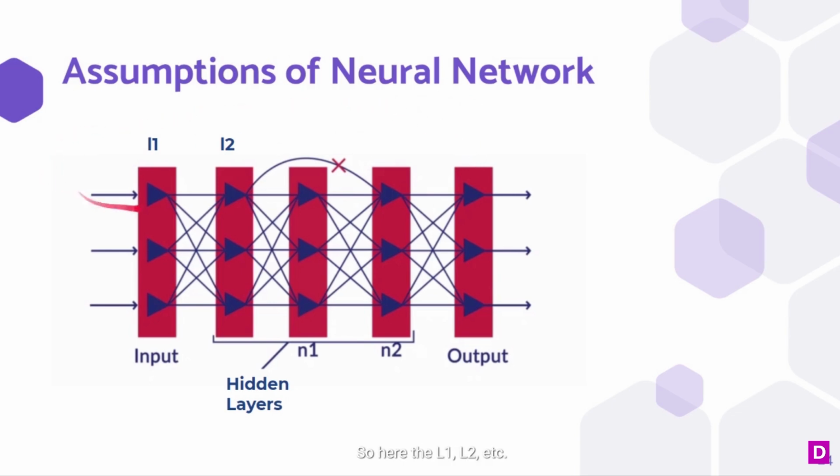Here L1, L2, etc. will be the layers. The very next assumption would be every neural network will have one input layer and one output layer. All the signals from the external world, all the input signals, should enter the neural network through the input layer and exit through the output layer.